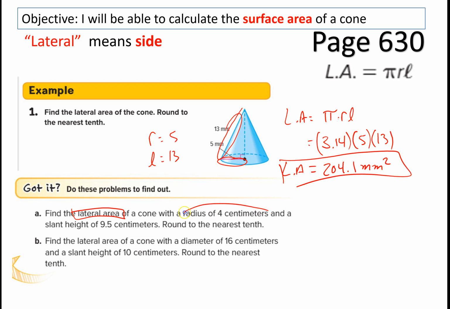All right, so it says find the lateral area of a cone with a radius of 4 and a slant height of 9.5 centimeters.